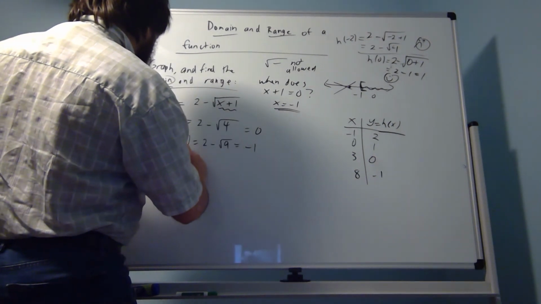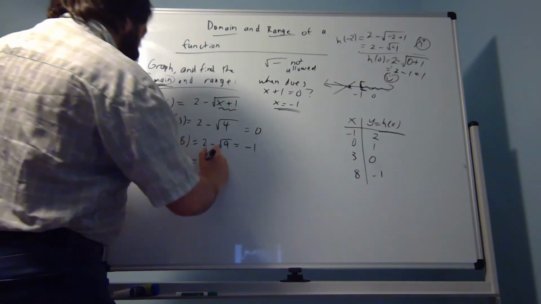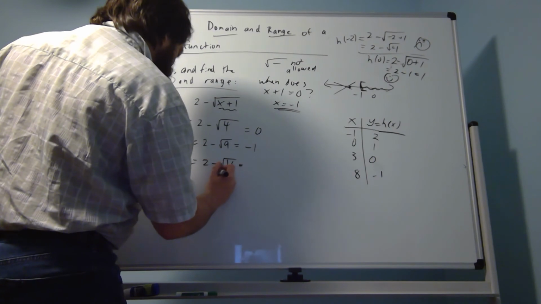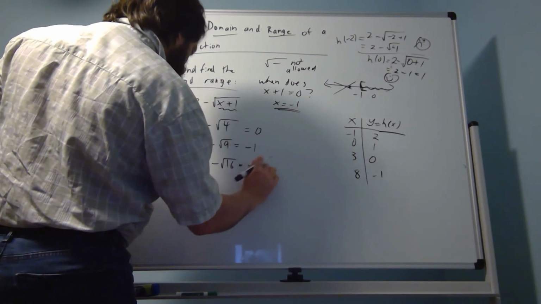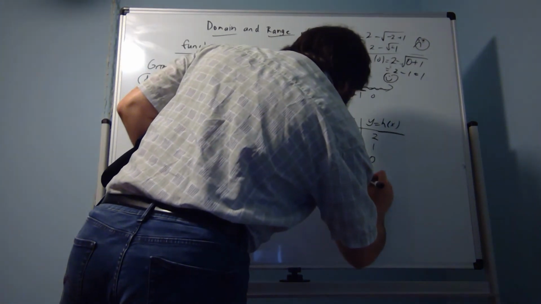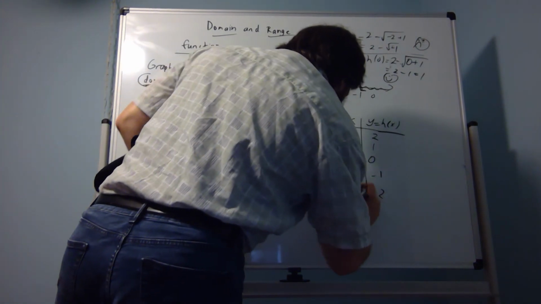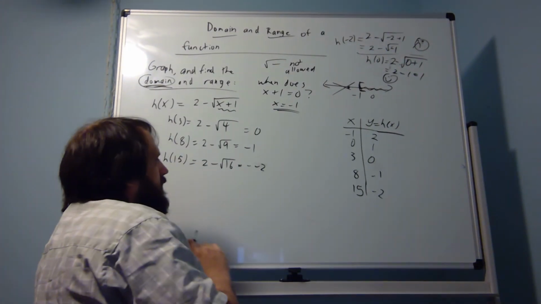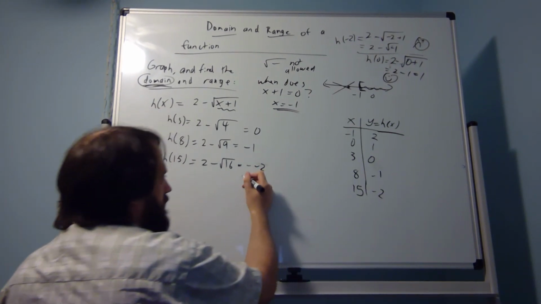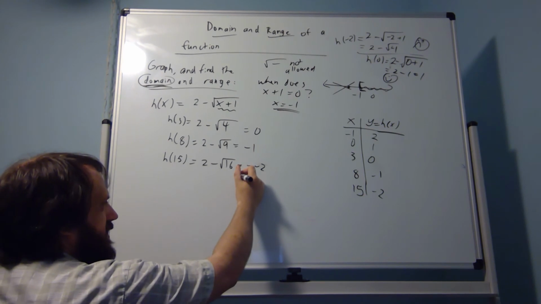I'll include it. H of 15 is 2 minus the square root of 16, which is 2 minus 4, which is -2. I could have written a little bit smaller, but that's okay.